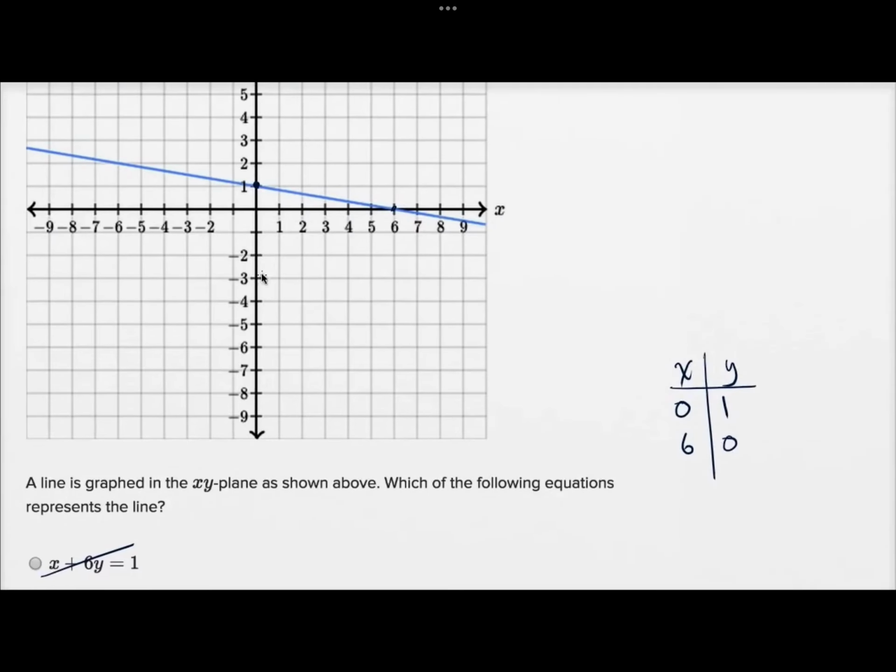So we could say that the equation of this line is going to be y, if I write it in y equals mx plus b form, where m is the slope and b is the y-intercept. We already know that b is equal to 1.